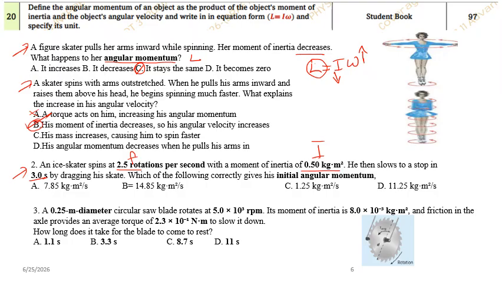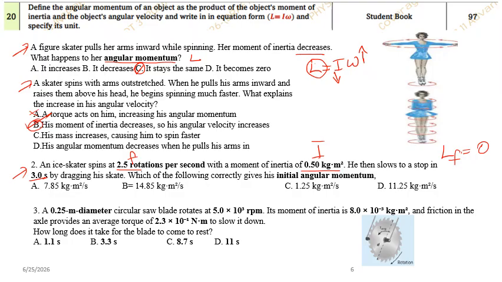The initial angular momentum you need to calculate. The final angular momentum is easy. It will be exactly equal to 0. Why? Because she slows to a stop after 3 seconds. Now, what will be the initial angular momentum?